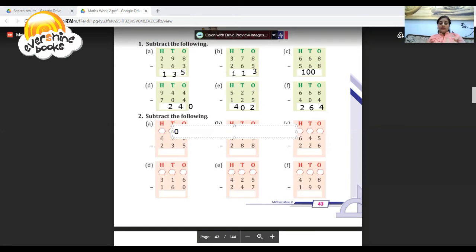But here we can't subtract 3 from 0, so it becomes 10. We are going to write here 10. Next is 6 minus 5 and 6 minus 2, it means it will become 5. So now it will be easy to do the subtraction part. 10 minus 5 is 5.